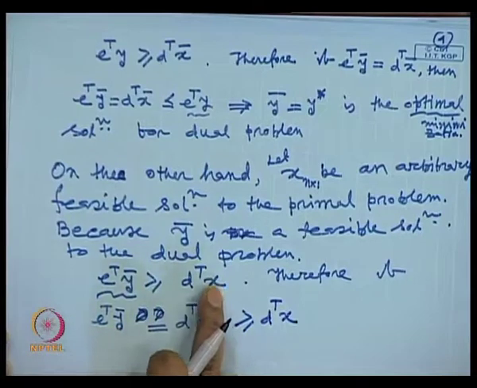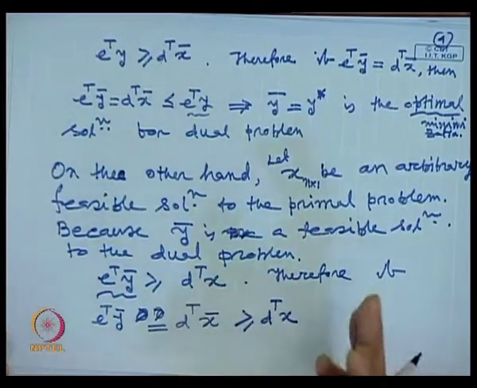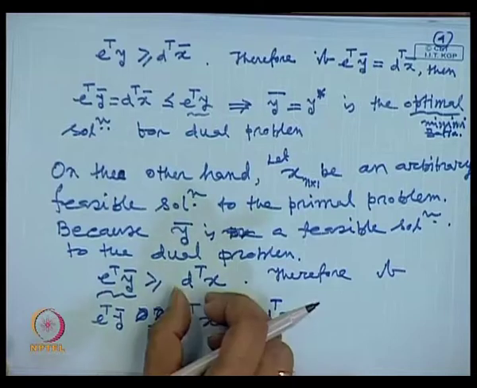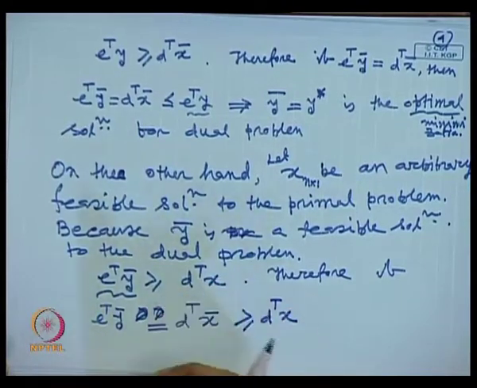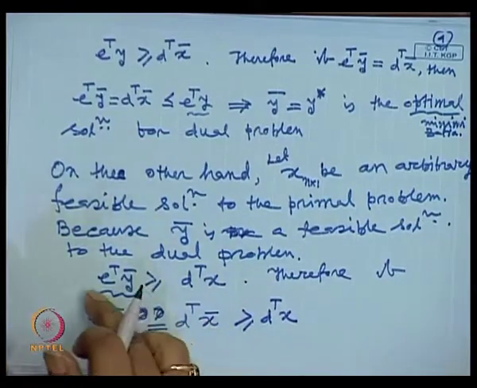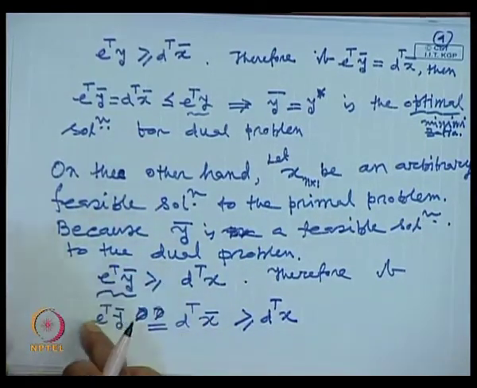I am now telling that there exists some feasible solution x bar for which this objective function value is increased and becomes equal to E transpose y bar.